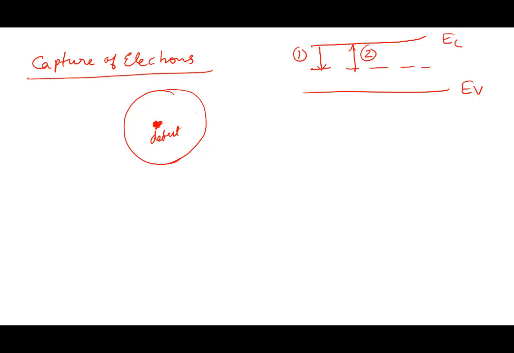So what people define is what we call the capture cross section, sigma. We define the capture cross-sectional area; if the electron gets within that, we say it will get captured.